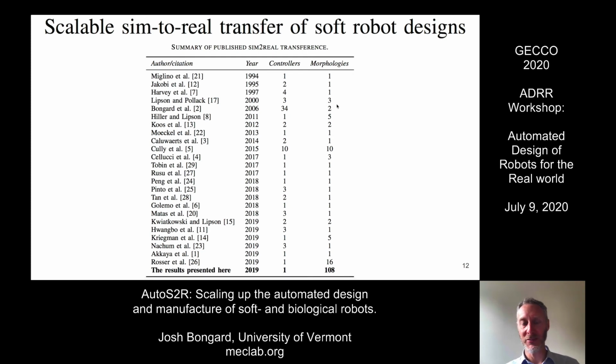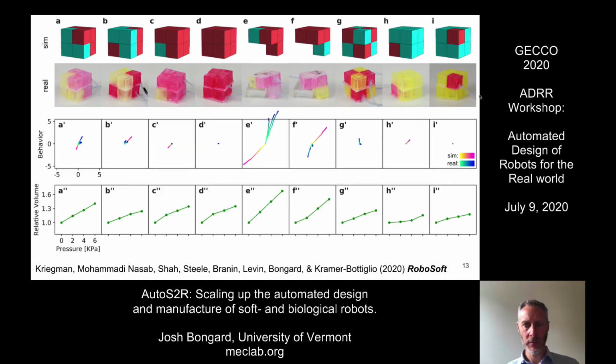But importantly, the number of different morphologies that were designed in simulation and transferred to reality. And you can see that in the work that I just showed you, we designed and manufactured over 108 distinct morphologies. The flapping wing application that I just showed you recently, we transferred 16 different wing designs from simulation to reality.